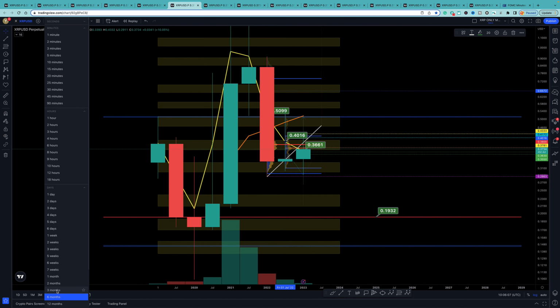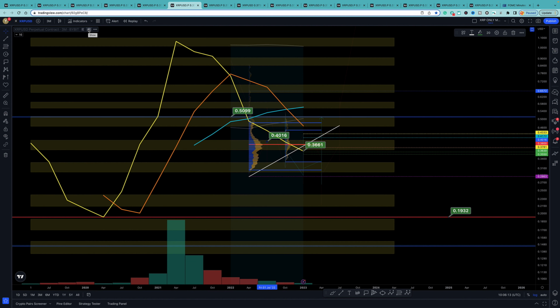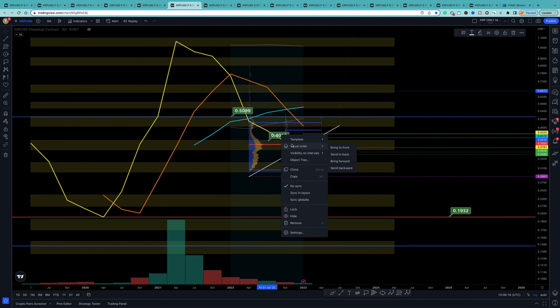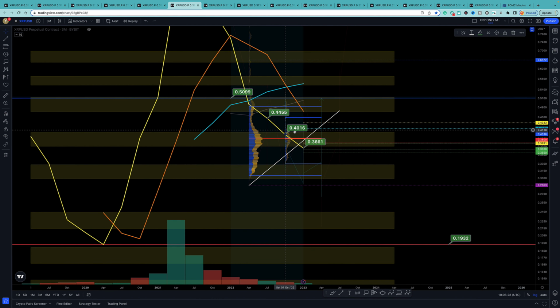Now, when we go to the 3 month, we have a similar situation where you can see that the previous 3 month was up here, and then the previous 3 month was 40.16, and then turn of the year is 36.61.